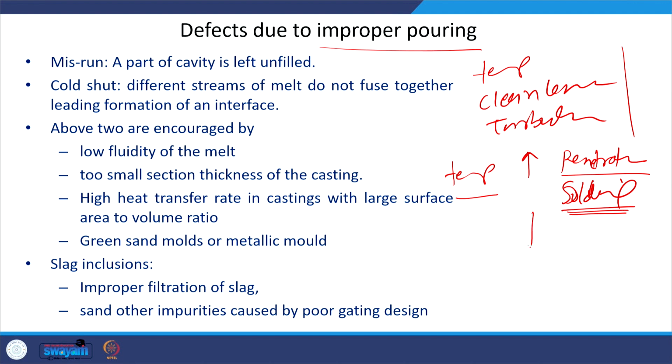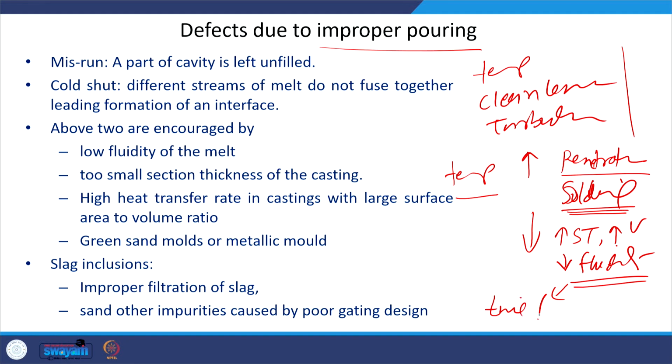On the other hand, if the molten metal temperature is low, then this will increase the surface tension and the viscosity, which in turn will reduce the fluidity. This will increase the time required for filling the mold cavity, and it can also bring a situation where solidification can start even before completely filling the mold cavity.